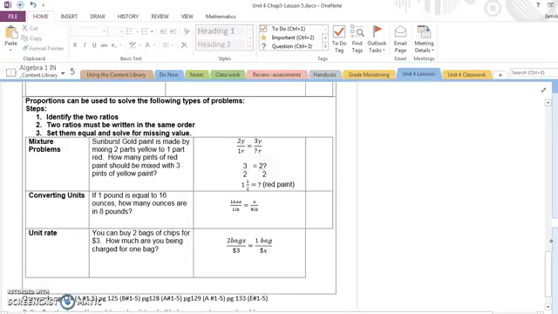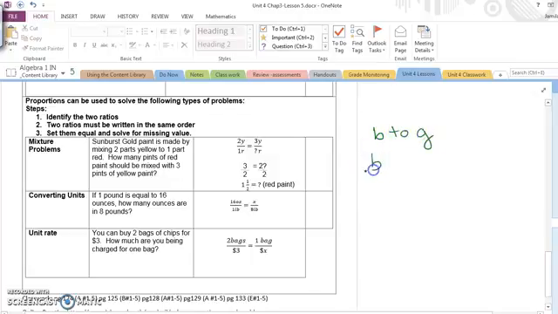Well, let's look at the steps. Number 1, you're going to identify the two ratios in your problem. Number 2, the two ratios must be written in the same order. Order matters when you're setting up a proportion. So let me just recall our boys to girls.